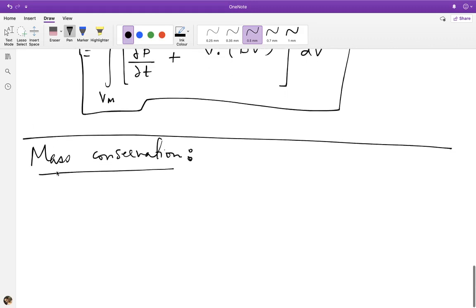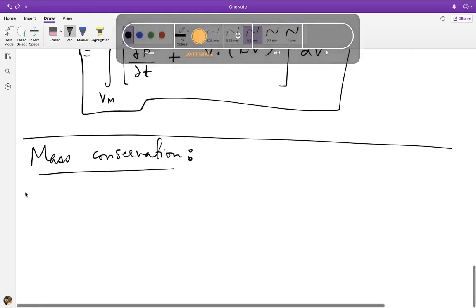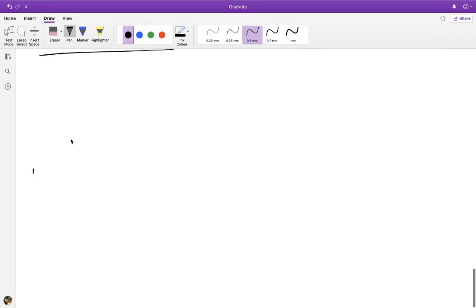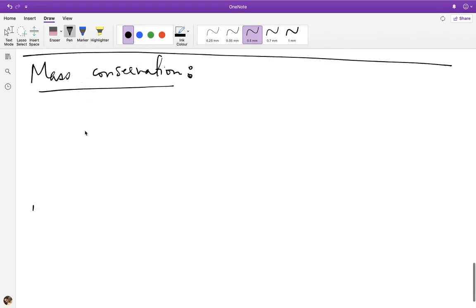So what we really mean is that the substantial derivative, or material derivative, of the total mass of a moving control volume is equal to 0.